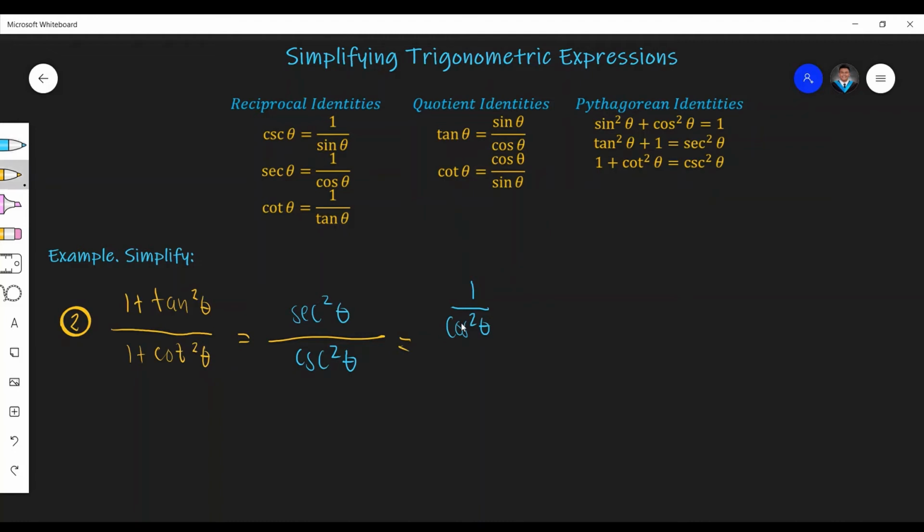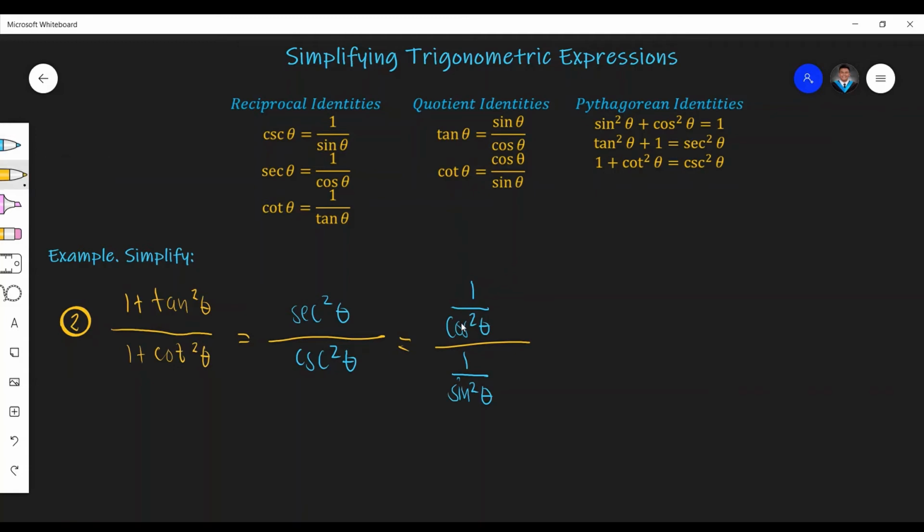Then same pa rin sa baba, ang reciprocal, gagamitin din natin dito yung reciprocal identity ni cosecant square theta, which is equal to 1 over sine square theta. Okay, now this time, we can divide the two fractions.